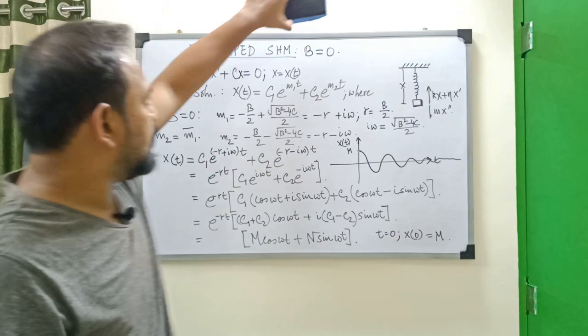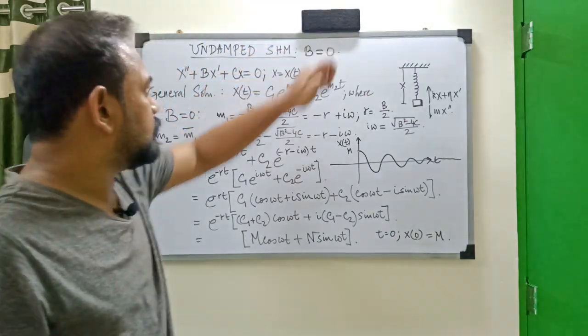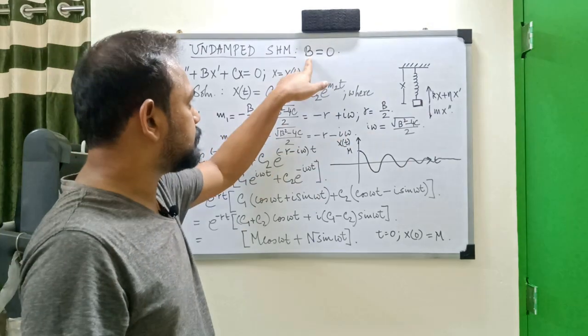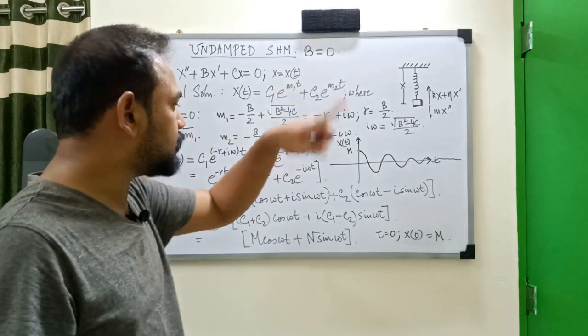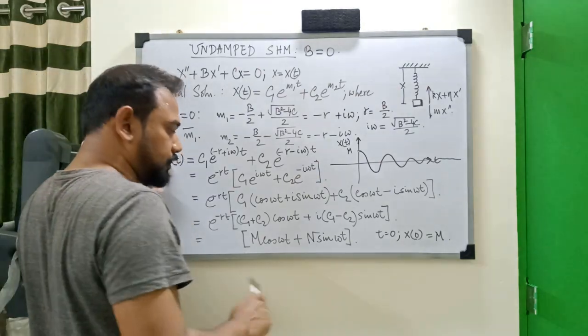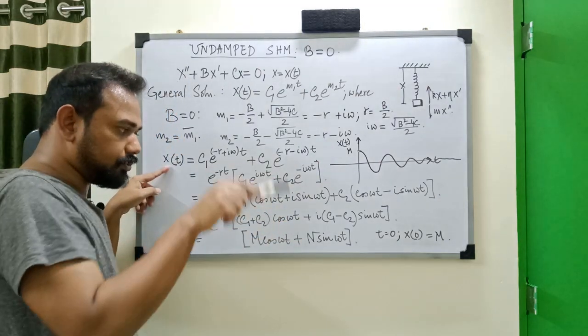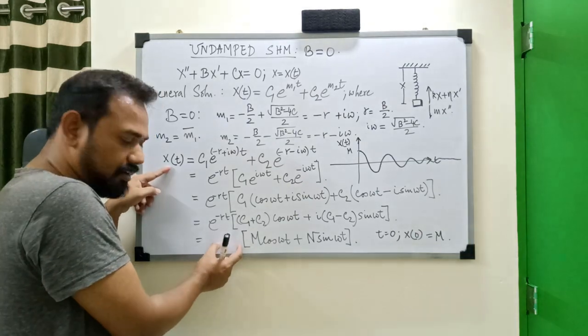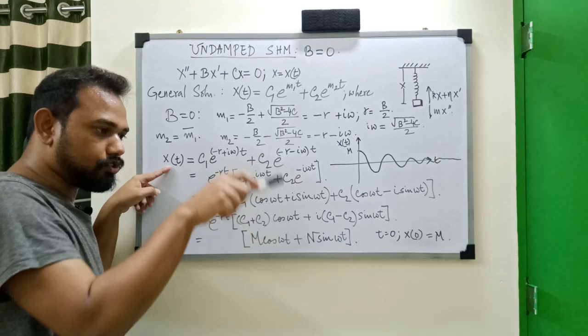Therefore, in the case when there is no air resistance or friction, that is the term that is responsible for the friction. If that is 0, then this solution says it's going to be just a simple harmonic motion up and down. It's an oscillation, but without any decaying amplitude. So the amplitude is not going to decay.